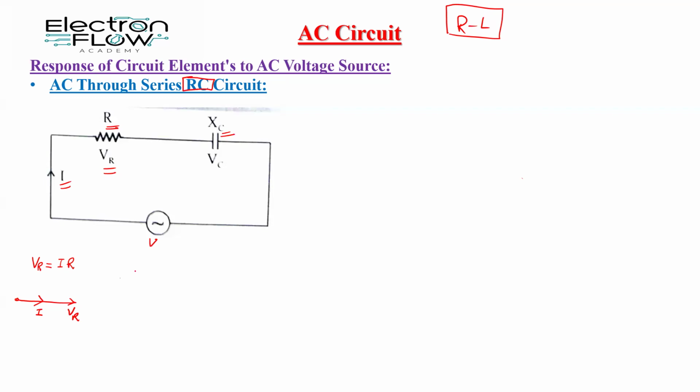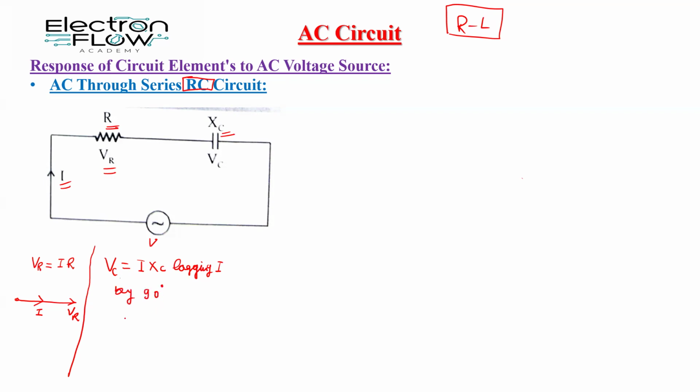Next, the voltage drop across the capacitance is given by VC, so VC is equal to I times XC. This is lagging the current by 90 degrees.